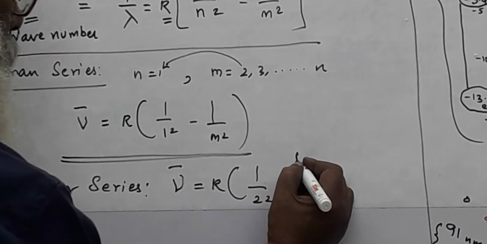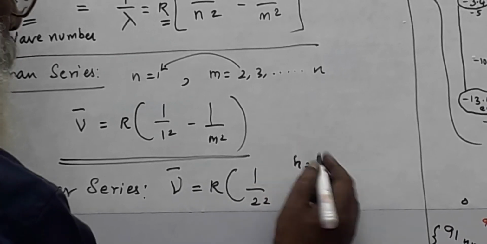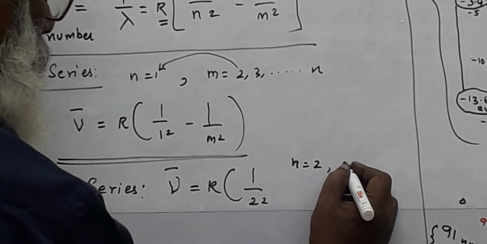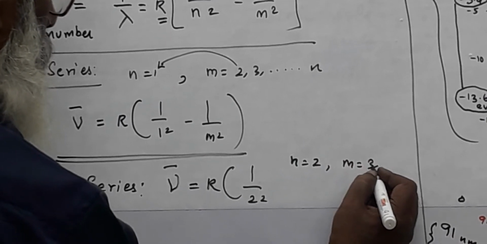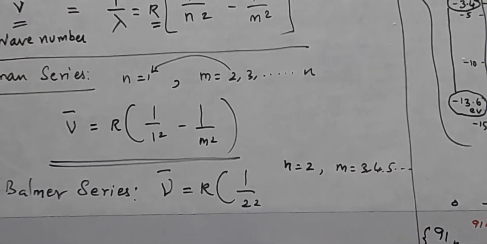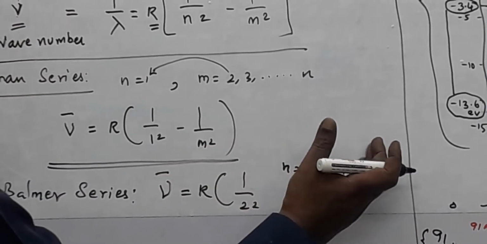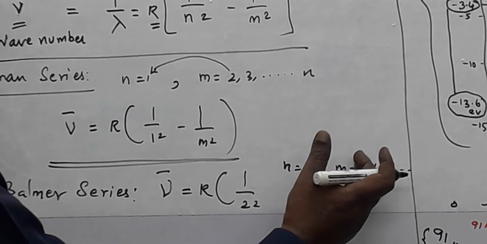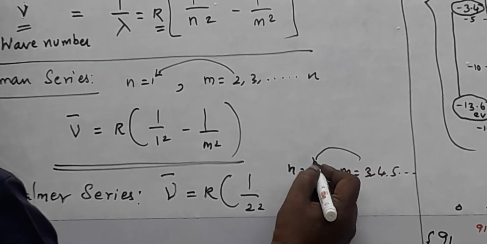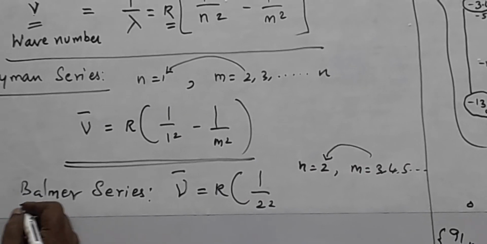Here n is equal to 2, m is equal to 3, 4, 5, and so on. That means the electron can jump from the higher energy levels 3, 4, 5 to the level of the second orbit. Then we get the Balmer series.